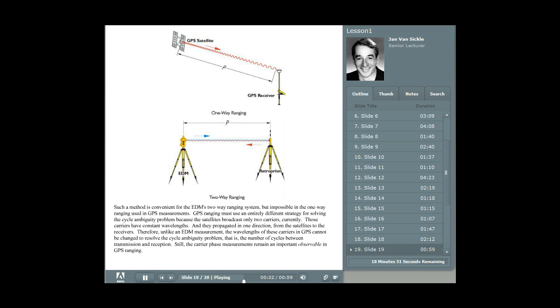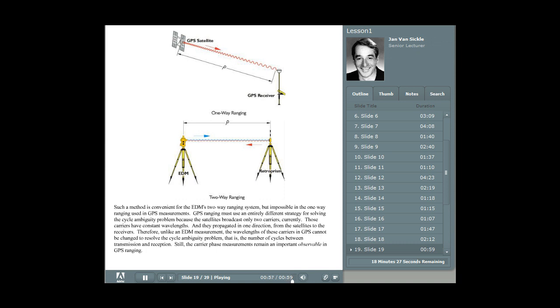And as they propagate in one direction from the satellite to the receiver, the integer ambiguity remains. Therefore, unlike an EDM measurement, the wavelengths of these carriers can't be changed to resolve the cycle ambiguity problem, the number of cycles between transmission and reception. So we'll talk more about how that is done.